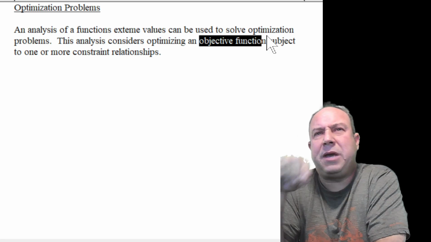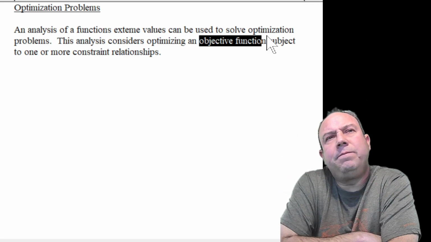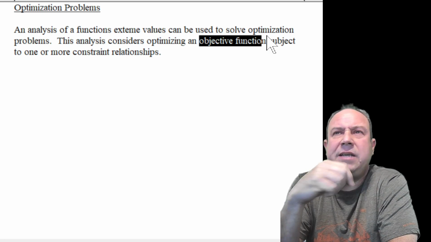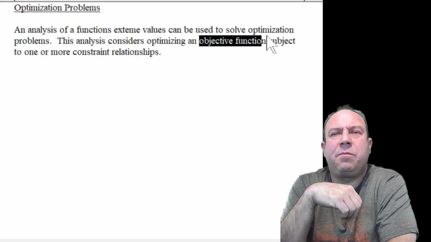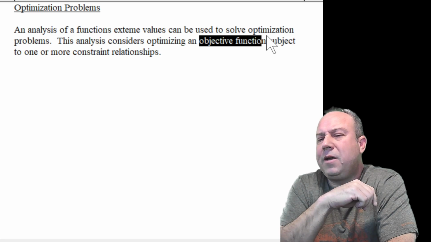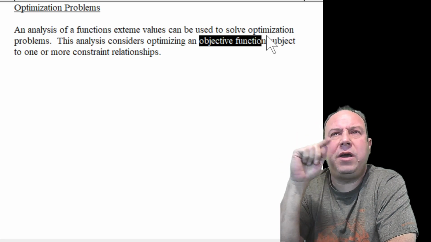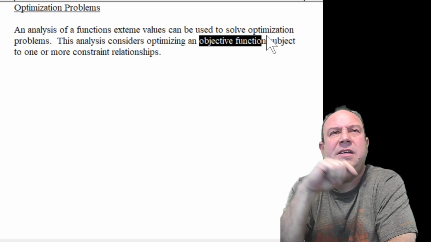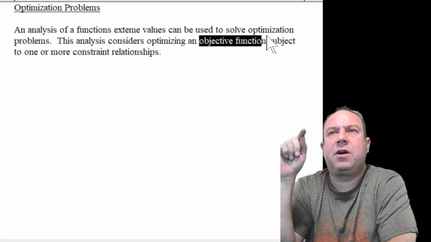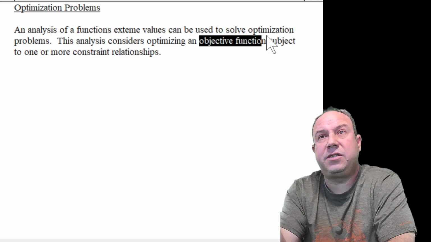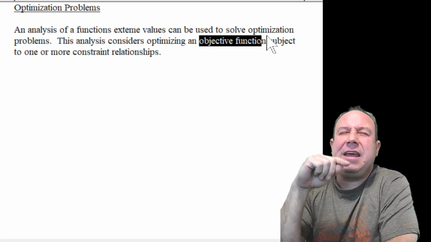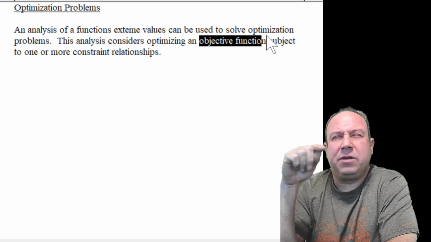You may have to draw a picture. That might help you organize the information that you have been given in the problem, right? And you're going to have to set up, based upon the information in the problem, these objective equations that we're trying to optimize, and our constraint relationships.